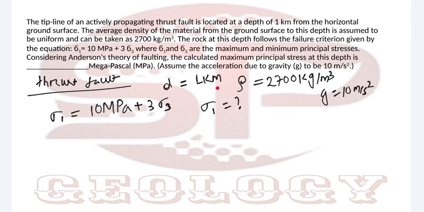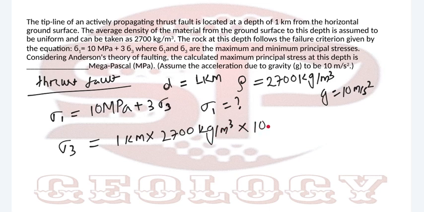Density, depth and G are given, so we can calculate sigma 3 by applying the rho g h formula. So sigma 3 will be 1 kilometer into 2700 kg per meter cube into 10 meter per second square. The value of sigma 3 will be 27 MPa.